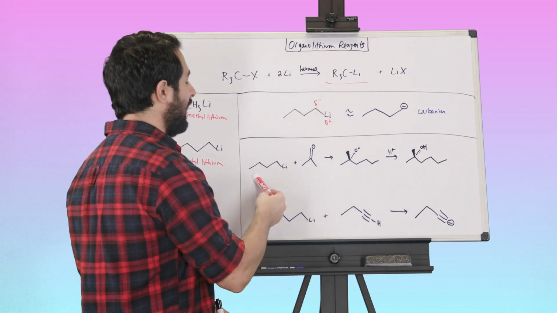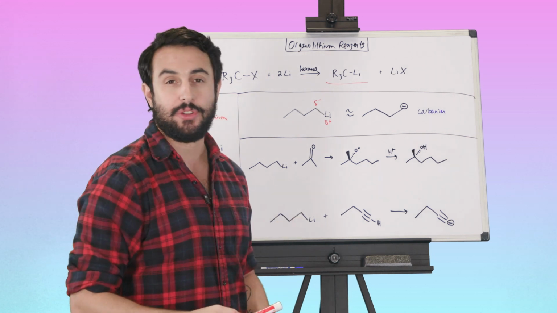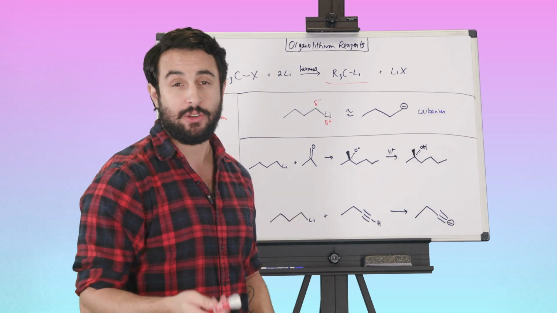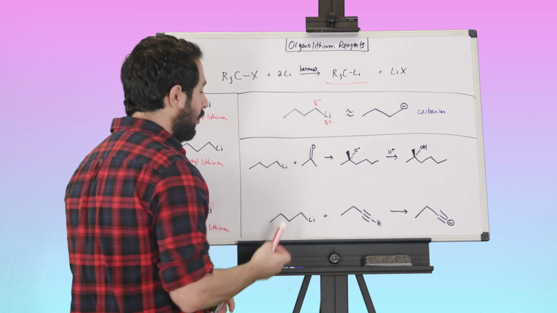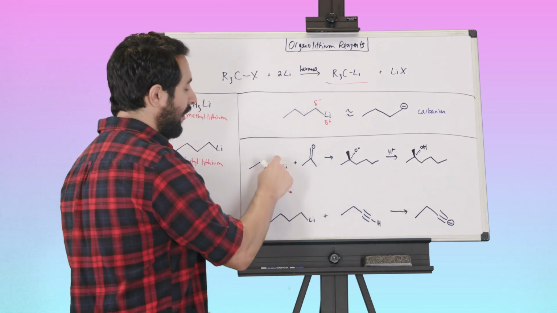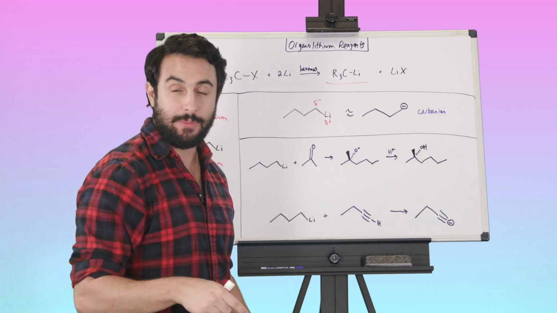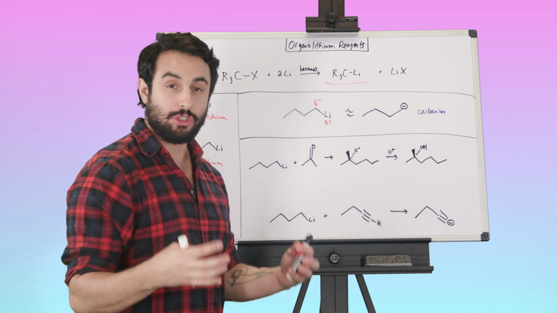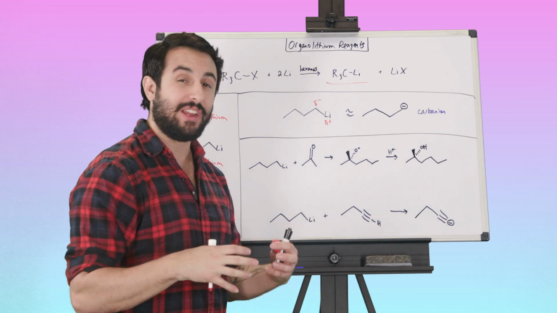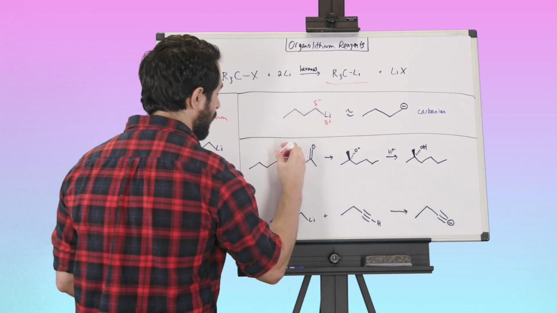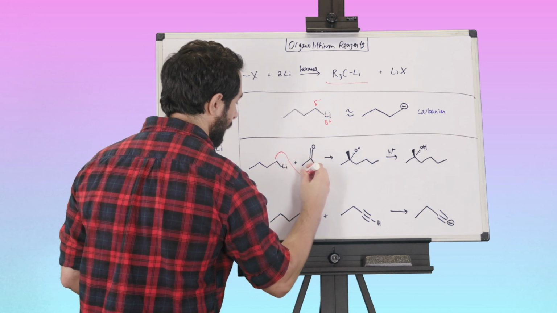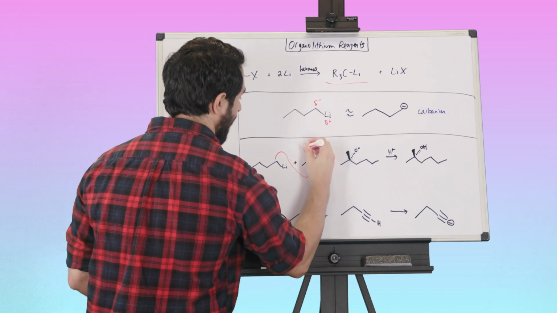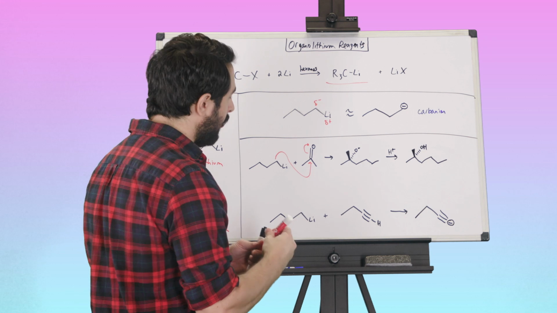One very common thing is that these are just sources of nucleophilic carbon, again, very much like Grignard reagents. So here's n-butyl lithium, and remember that this carbon attached to the lithium is the one that bears that very strong partial minus charge, almost like a formal minus charge. So this is clearly the nucleophilic carbon. So that can come up here and attack a carbonyl, just like a Grignard reagent.